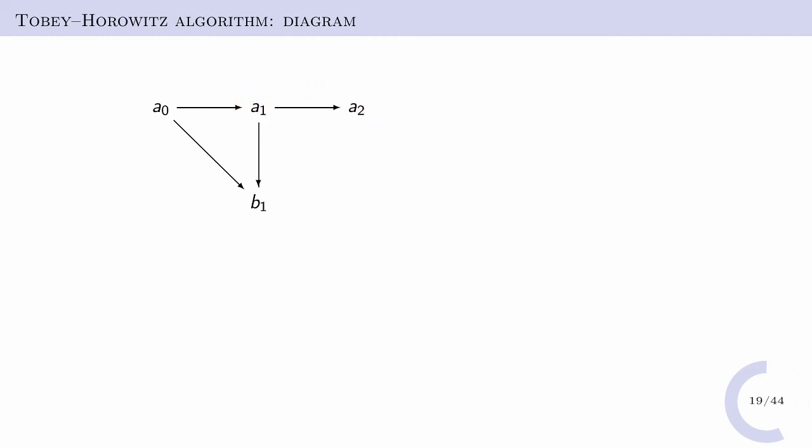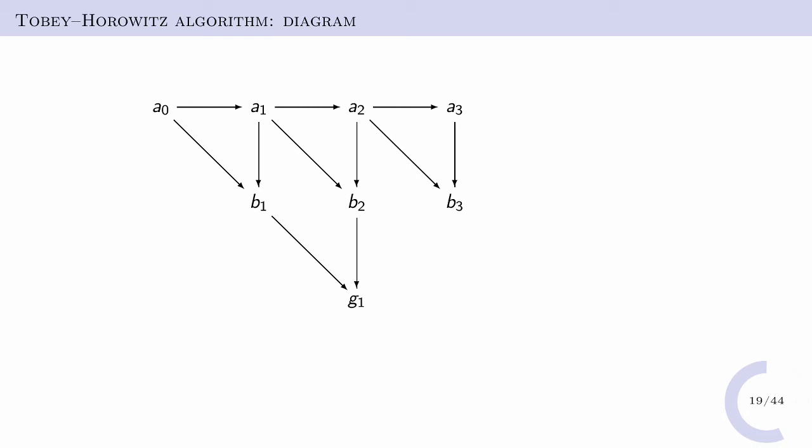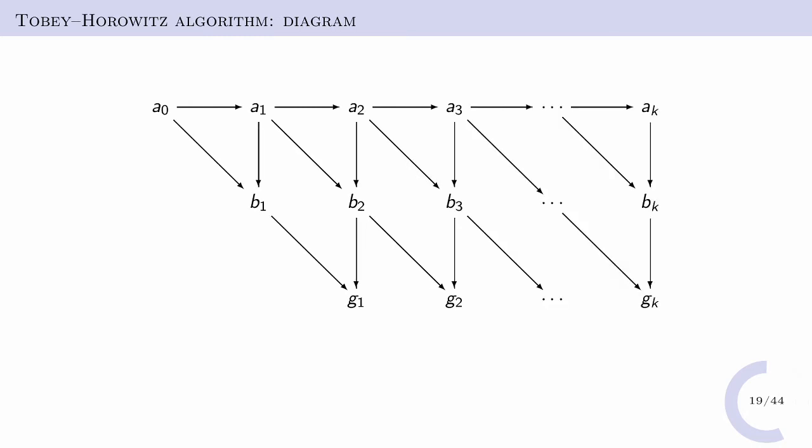We compute b2. Now when we have b1 and b2, we can find the first square free factor, g1, from them. And we repeat the process. We compute a3, b3, and g2, and so on, till we find g_k.